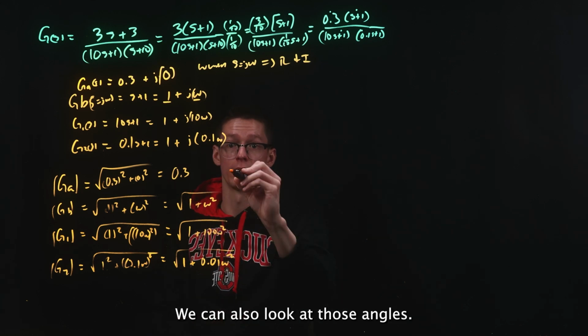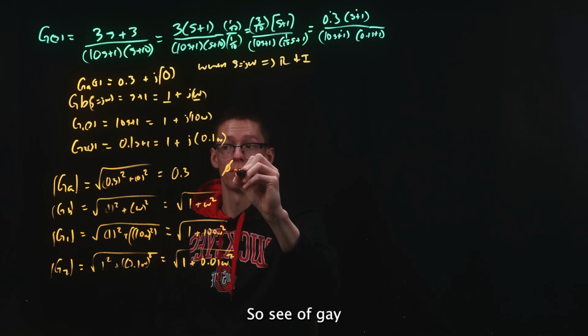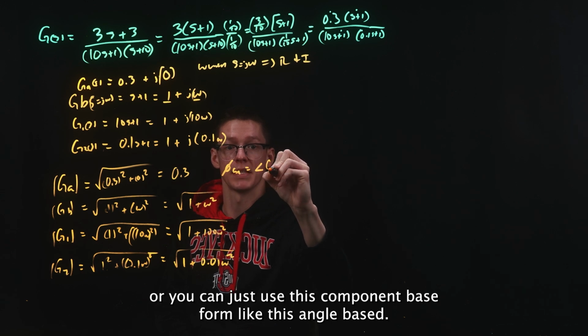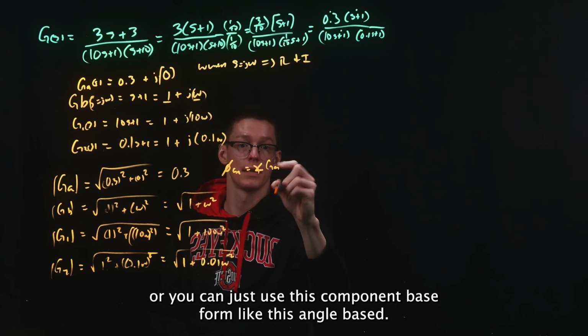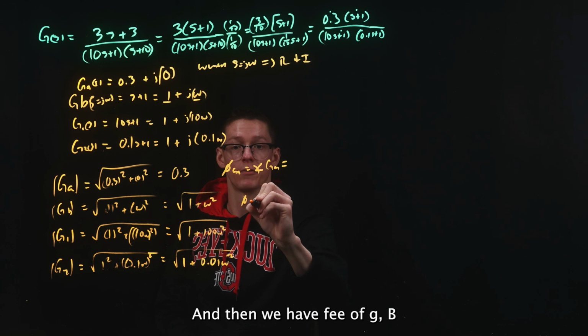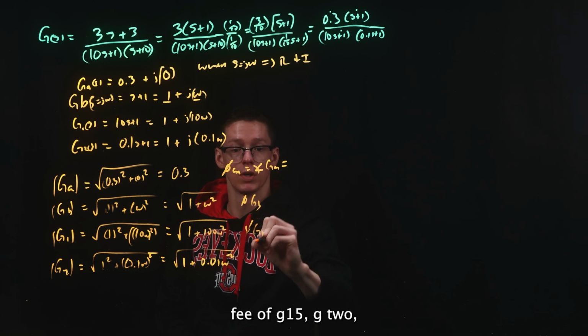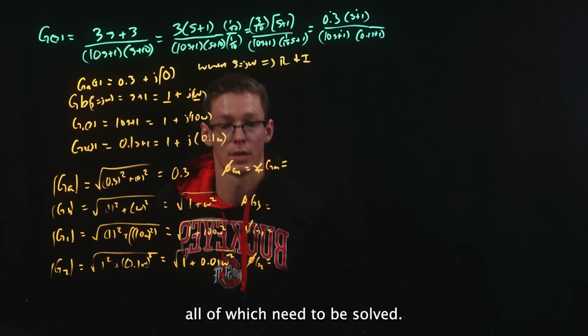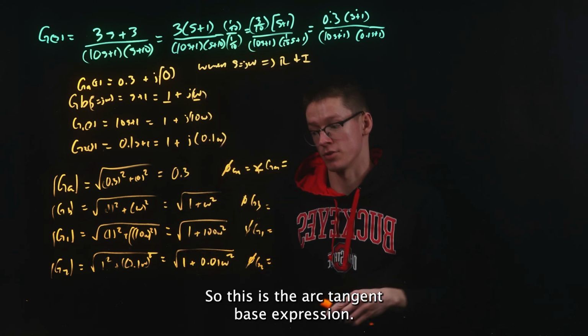We could also look at those angles, so phi of GA, or you can just use this component based form, like this angle based. And then we have phi of GB, phi of G1, phi of G2, all of which need to be solved. So this is the arctangent based expression.